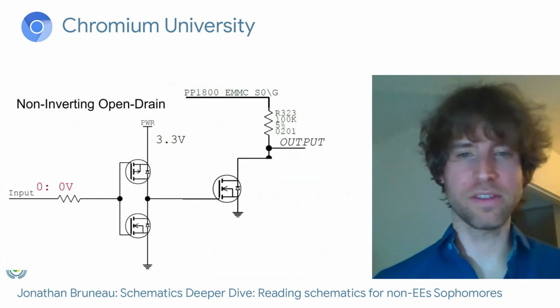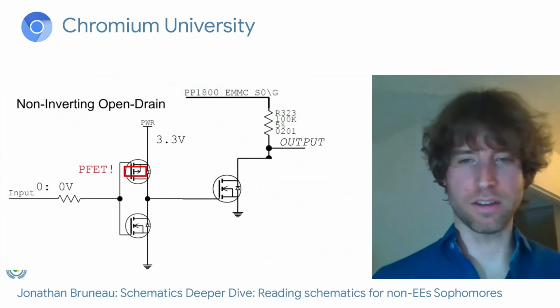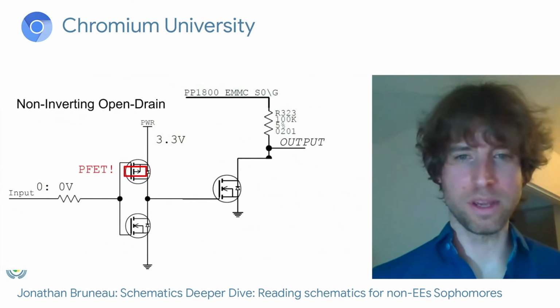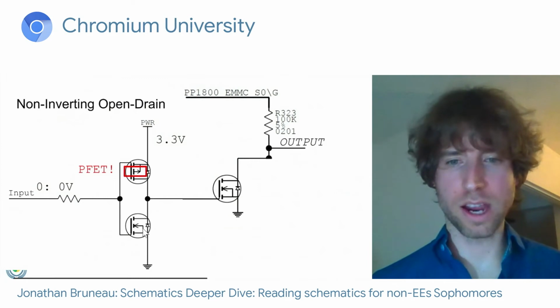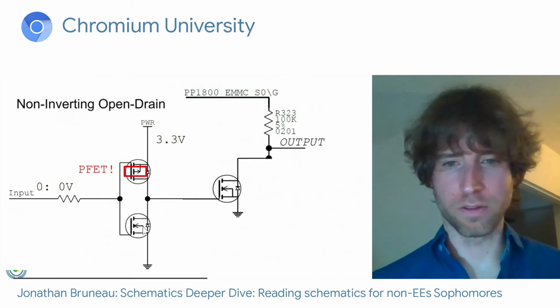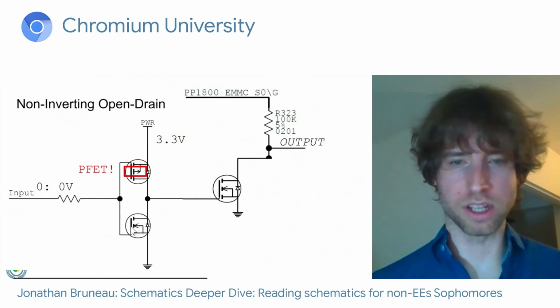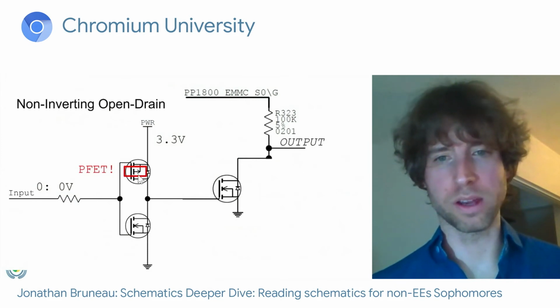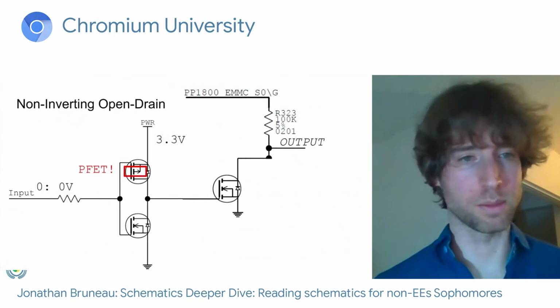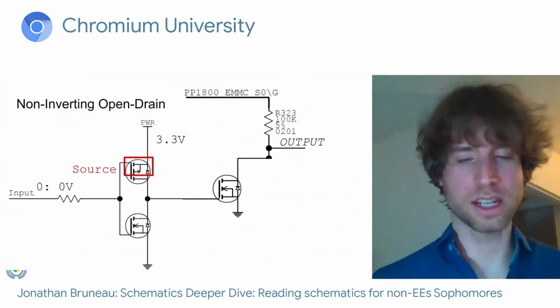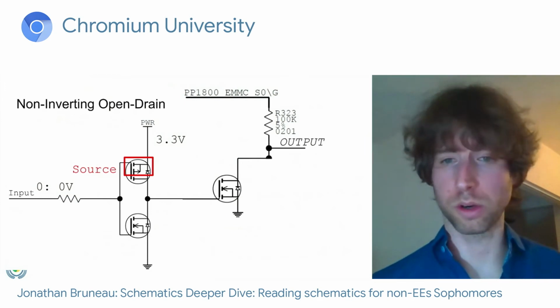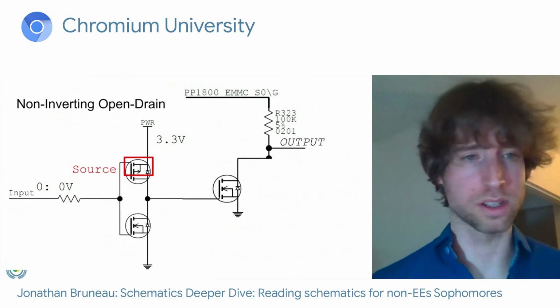Now if I give it a 0, we have, surprise, surprise, a PFET. I haven't talked about PFETs yet. So far, all the arrows have been pointing from the center of the MOSFET towards the gate. But this one's pointing the other way, which tells us this is a PFET. And the two lines connecting together show us our source. This is, again, from the previous class.